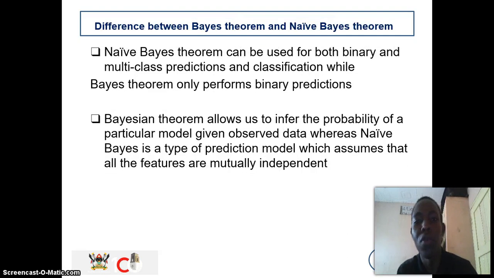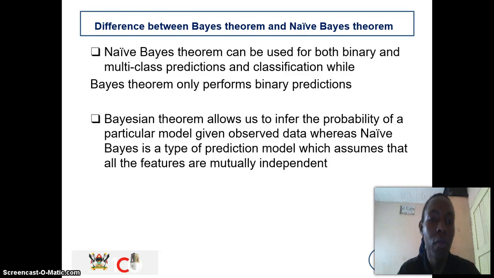Let us get into the differences between Bayes' theorem and Naive Bayes. Naive Bayes can be used for both binary and multi-class predictions and classifications, whereas Bayes' theorem only performs binary prediction. You have seen that Bayes' theorem only performs on operations where we are given one event and we are told to predict another event.